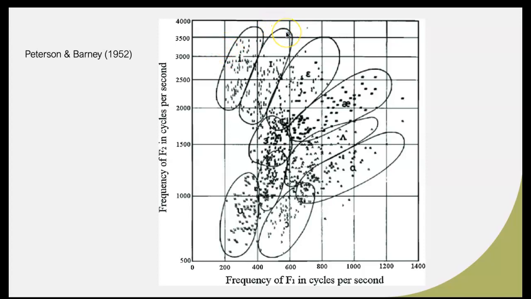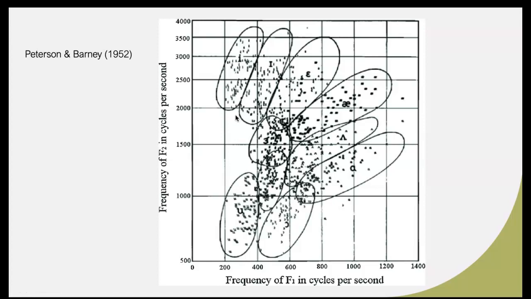The other thing was it showed a lot of variability in the production, yet people still identified E as E despite having all this variability in F1 and F2, because it goes from like 2,000 to 3,500 and from 200 to 400 for F1. Okay, so formant structure is extremely important for identifying vowels.